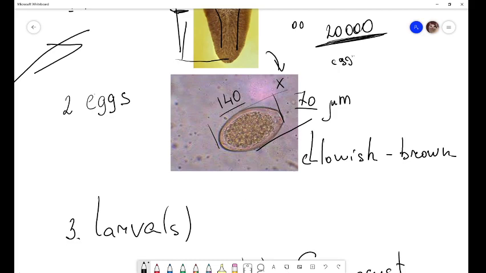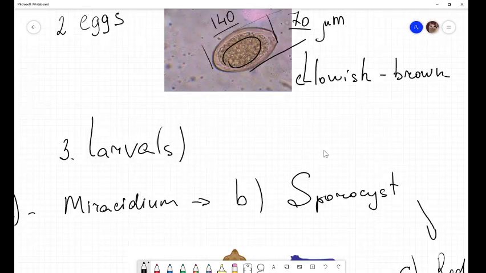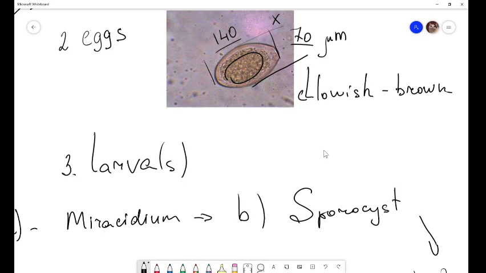It's very important in diagnosis. Color, it's yellowish brown. Okay, and this egg has the third most important form in morphology, third life form.